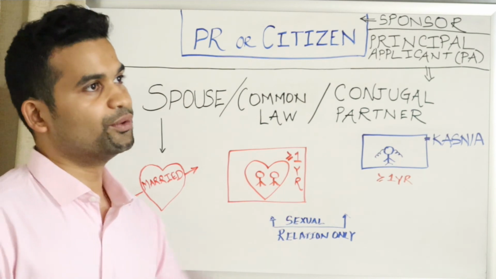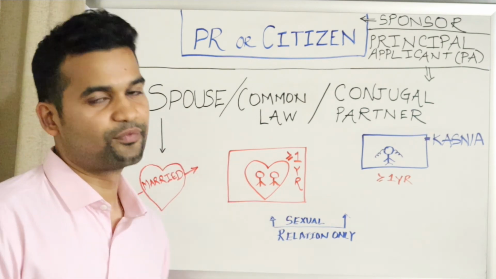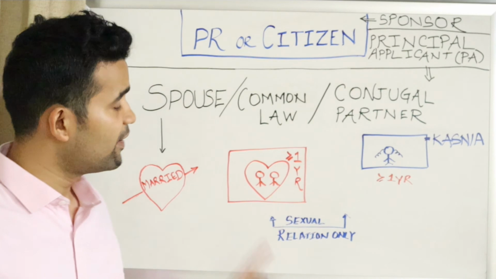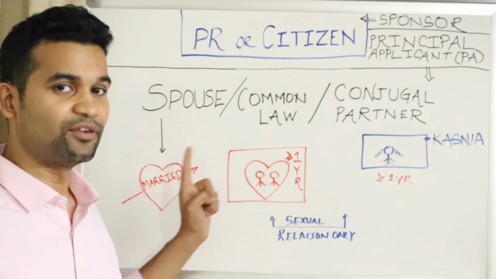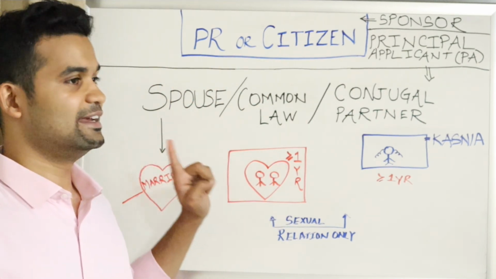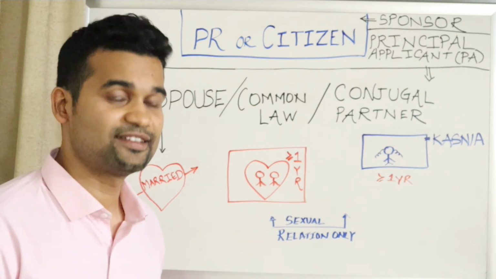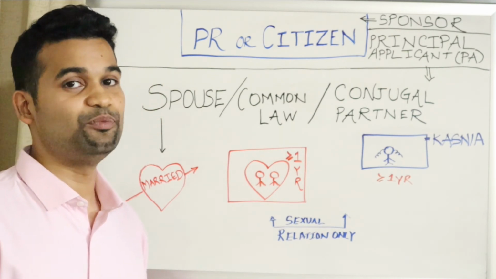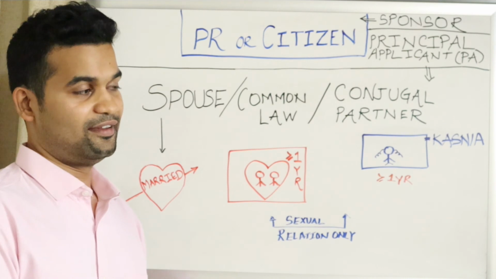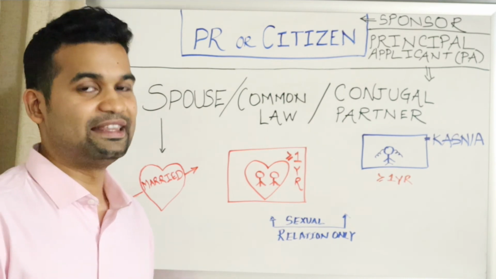And before I end the video, one more important thing. If any of these individuals is legally married to someone else, then you have to make sure that they have left that legal partner.